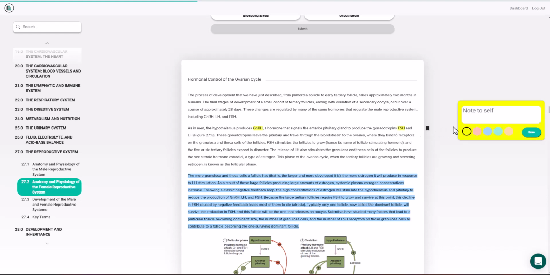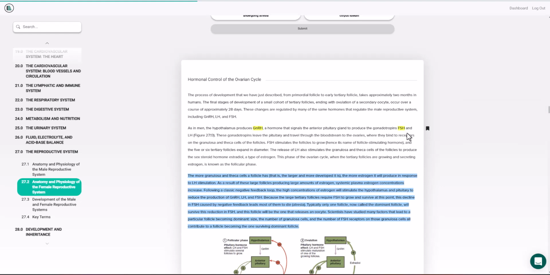FSH is follicle stimulating hormone. And LH is luteinizing hormone. Okay. And I'll put that FSH right here. So we have these two hormones, FSH and LH.